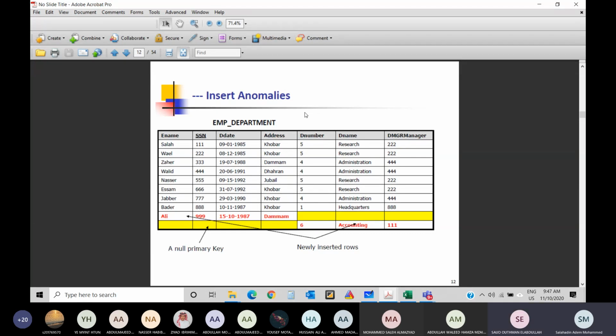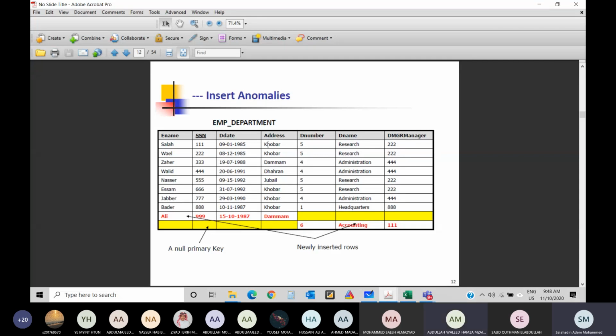Yes. Now let's see whether the address and the manager have functional dependence between the two of them. Can you tell me? No, because the manager can have multiple employees. I'm talking about between the address and the manager here. Is there a functional dependency? For example, each time I say Khubar here, do I get the same manager here, or sometimes a different manager?